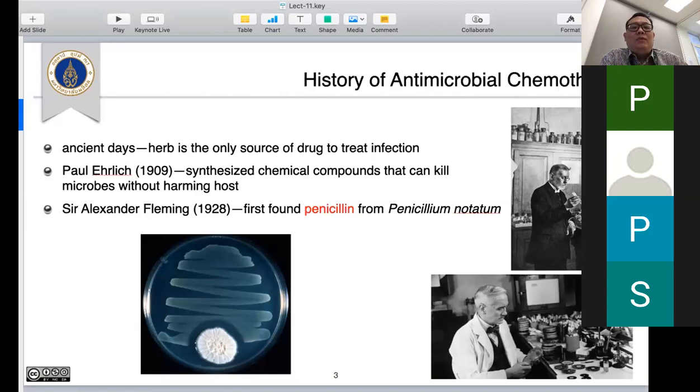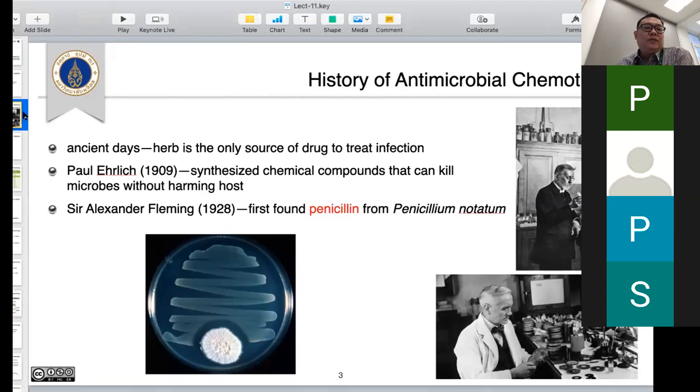About 10, 20 years later, Sir Alexander Fleming found penicillin from the fungus Penicillium notatum. As you see on the plate of Staph aureus, everywhere the fungi grow, around the colony of fungi, bacteria cannot grow. Okay, that's the first discovery of antibiotics.